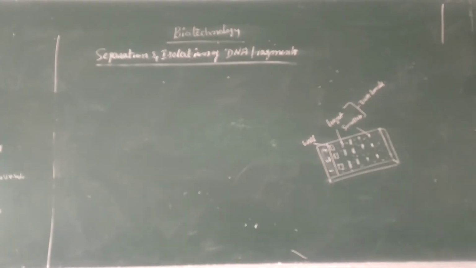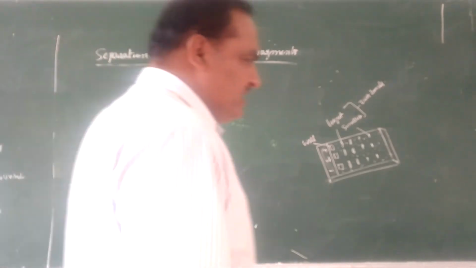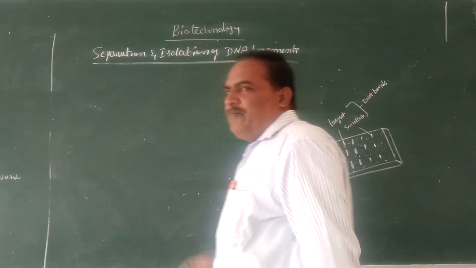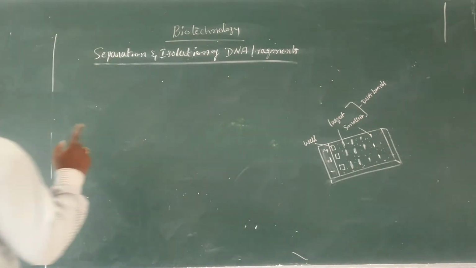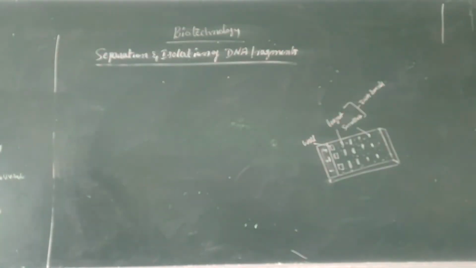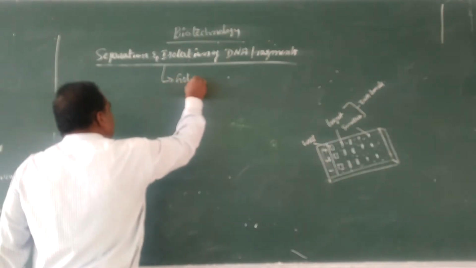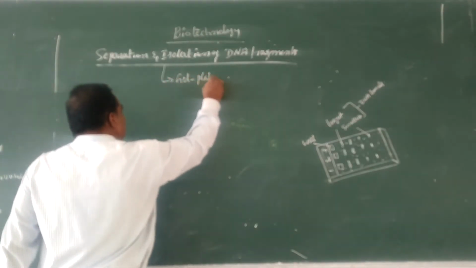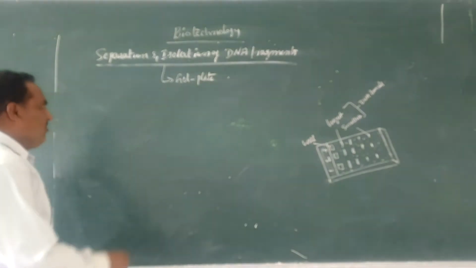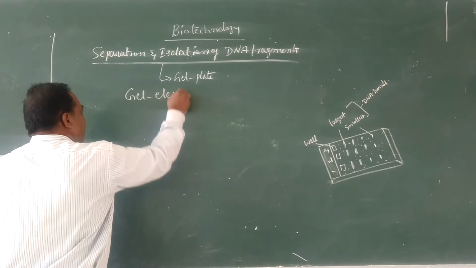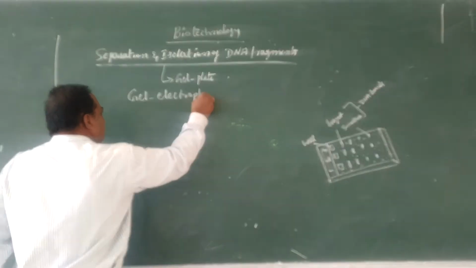Next, separation and isolation of DNA fragments. The separation and isolation of DNA fragments on a gel plate is called gel electrophoresis.